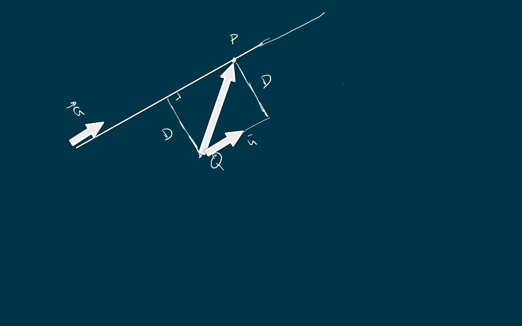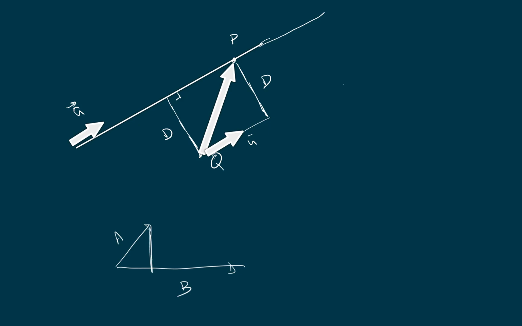Okay, so how will we find this distance? This distance is related to the perpendicular with this line. How will we do it? Well, imagine that we have A and we have B, two vectors.